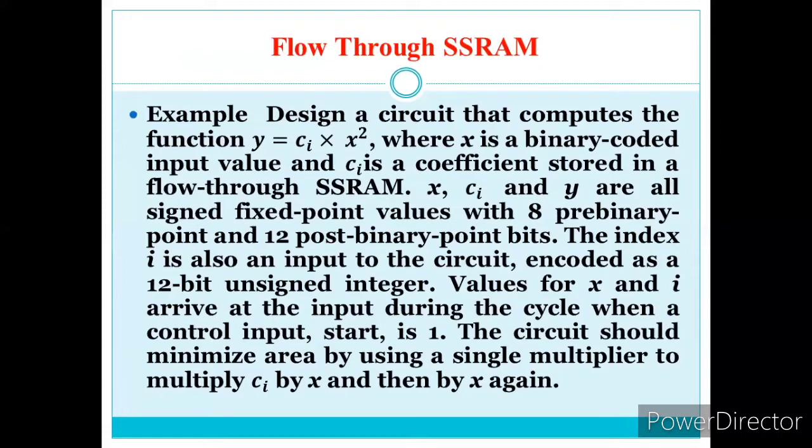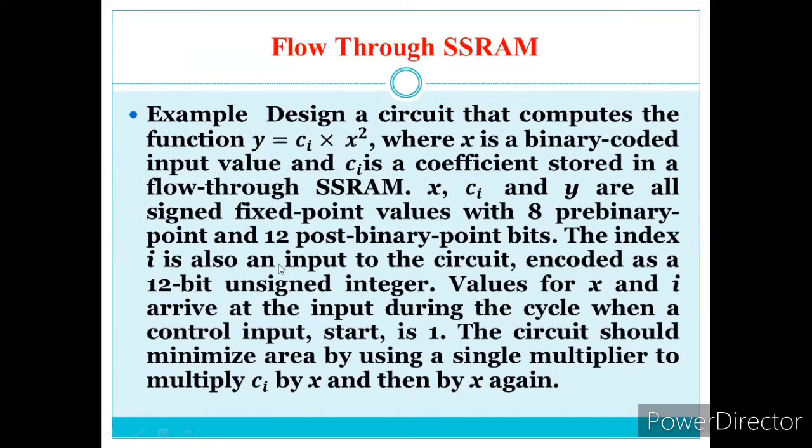The first example we have here is: design a circuit that computes the function y = ci * x^2, where x is a binary coded input value and ci is the coefficient stored in the flow through SSRAM. x, ci, and y are all signed fixed point values with 8 pre-binary points and 12 post-binary points.